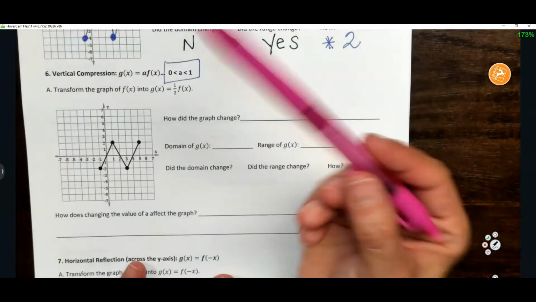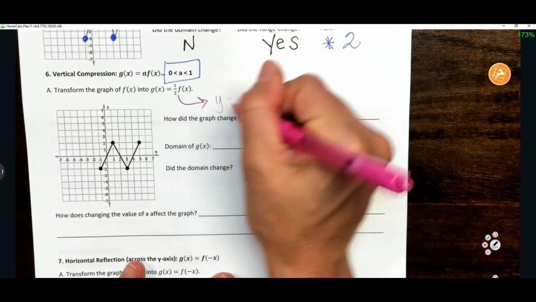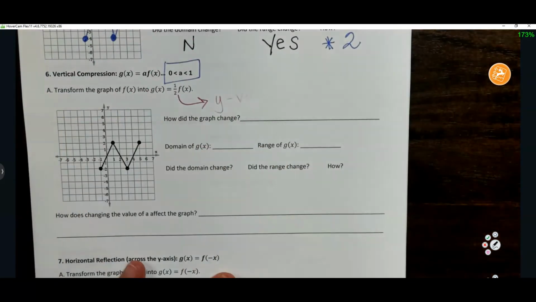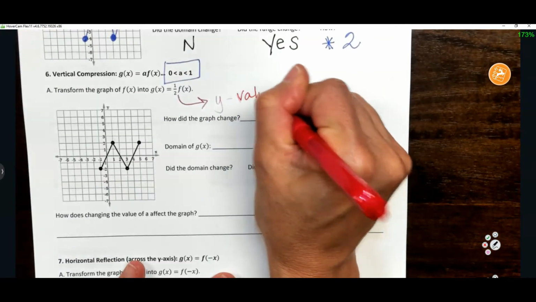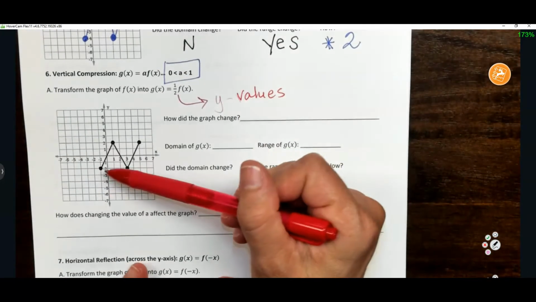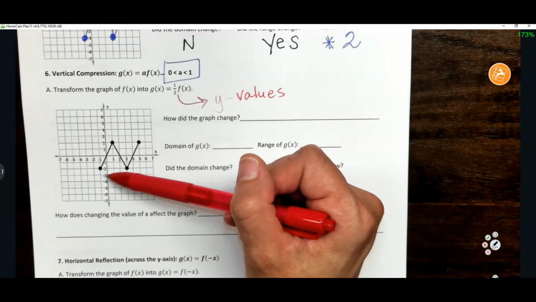All right. So guys, all we're going to do is multiply the y values again. But this time we're multiplying them by 1/2. So we're slicing all the y values in half. So this time, this ordered pair of (-1, -2). Y'all, what's half of -2? -1. Yeah.